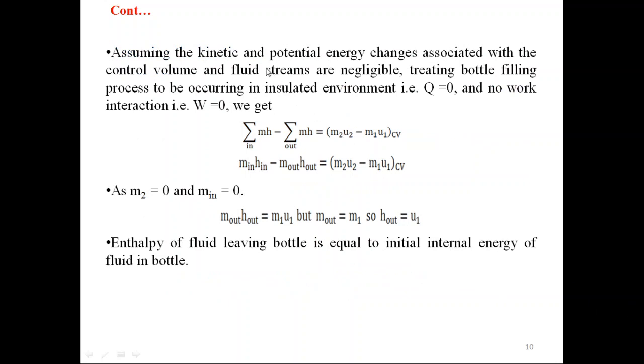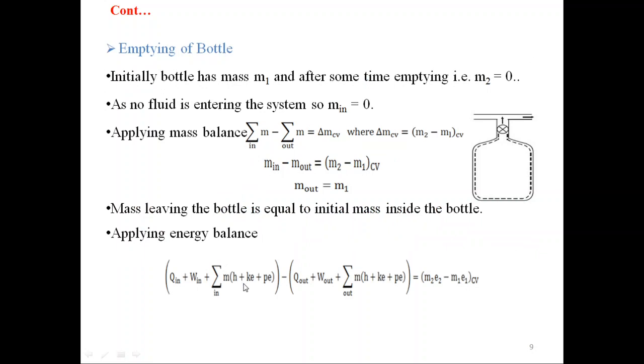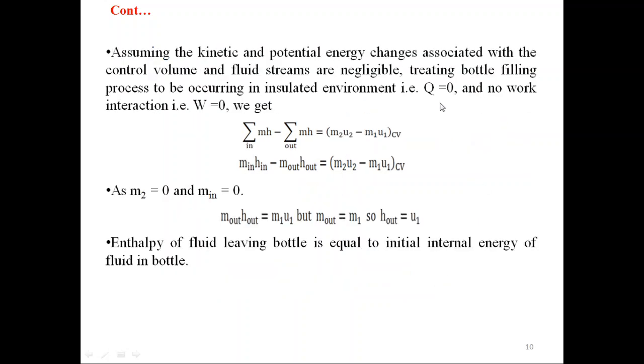Again in this case we will assume kinetic and potential energy changes associated with the control volume and the fluid streams are negligible. That means the KE and PE in and out will be eliminated and this E becomes U. And again we are treating the bottle emptying process as occurring in an insulated environment, that is Q equal to 0 and no work interaction, W equal to 0.